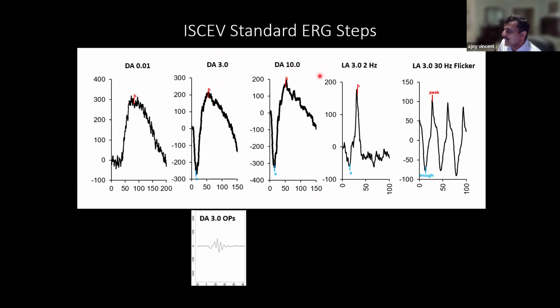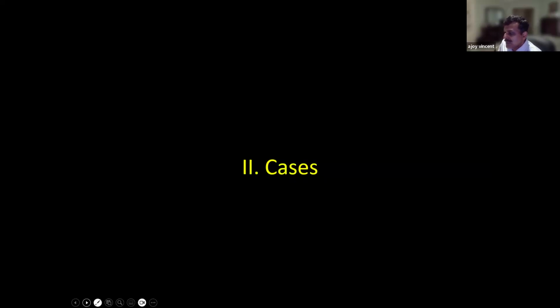Then you light adapt for 10 minutes, and you have a single flash, which has an A and B wave. This is from the cone photoreceptors and the cone bipolar cells, both on and off bipolar cells. And you have a flicker response, which is like a sawtooth, and this is also from the cone system. So in order to make it interesting to retain, let's now look at some case examples.